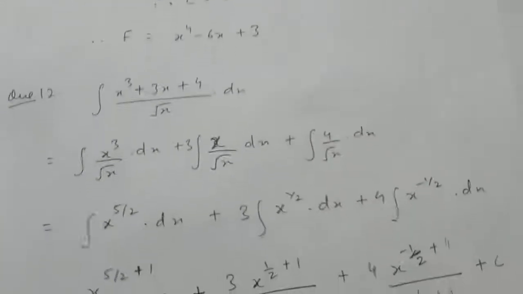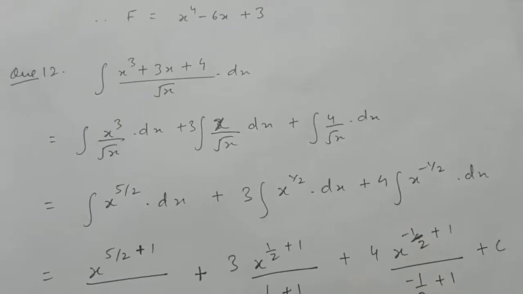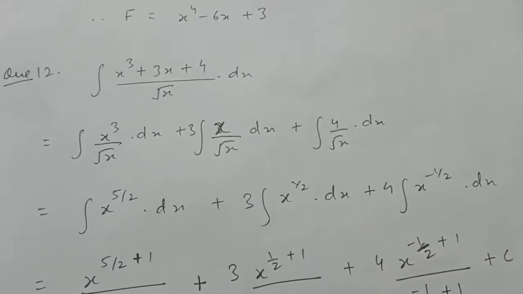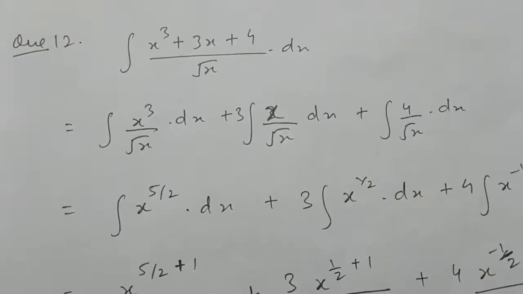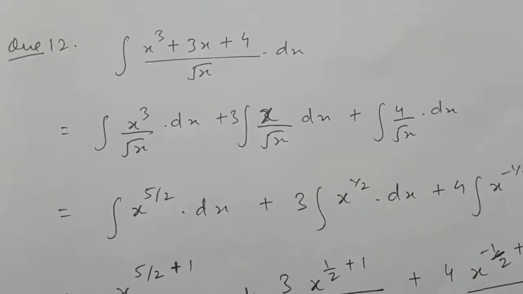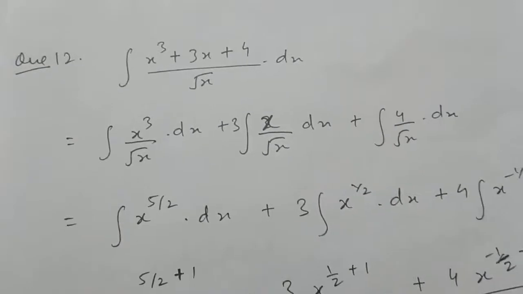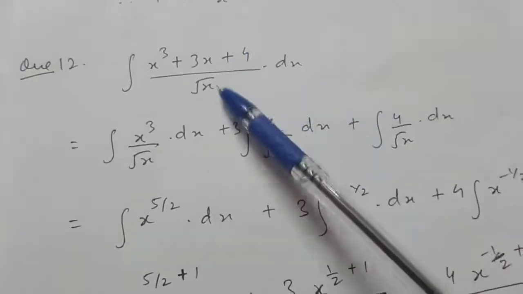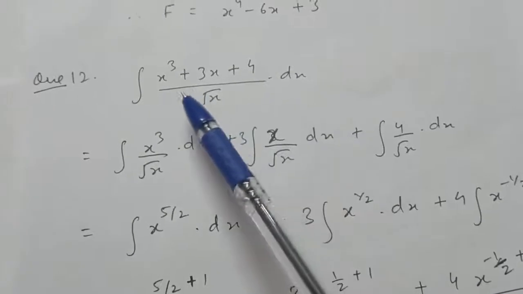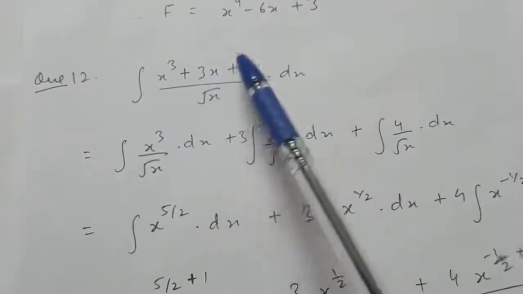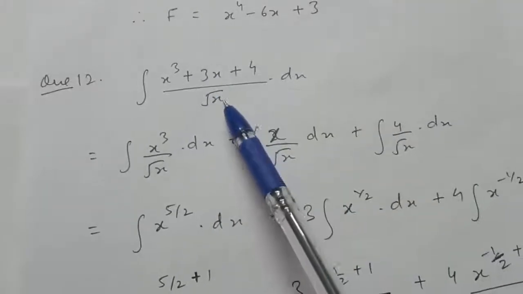Now we will discuss the questions of exercise 7.1. So question number 12 is: find the integral of x cube plus 3x plus 4 upon root x with respect to x. So for this we will divide all the terms of the numerator by root x.